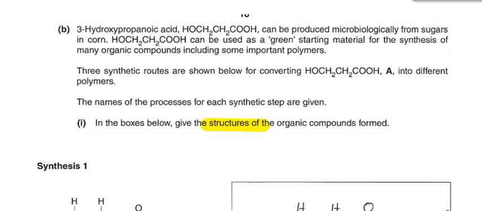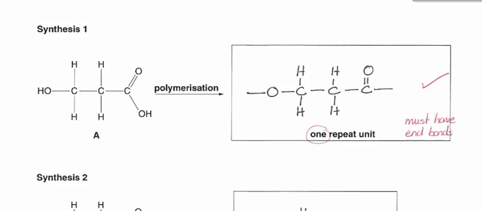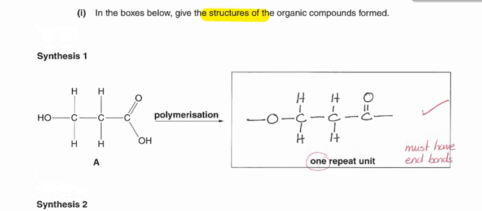So for our first synthesis, it's quite a nice one. With this one, we've simply got a straight polymerization. We're looking for one repeat unit. So here, the key thing to note, you've got your carboxylic acid, so it's the OH from the carboxylic acid that will come off, and the H from the alcohol that will be lost.